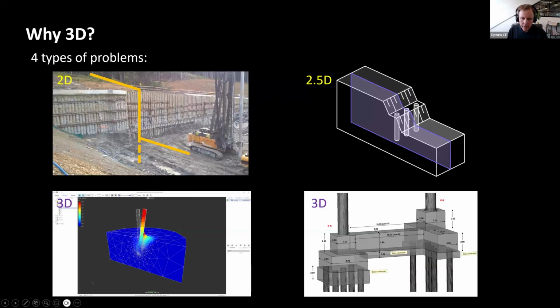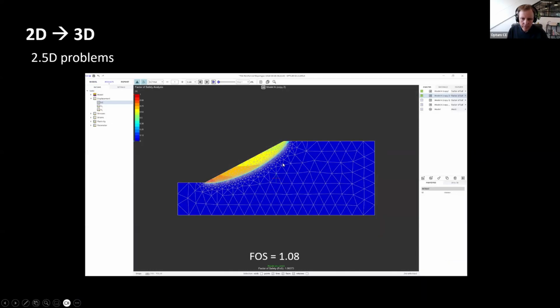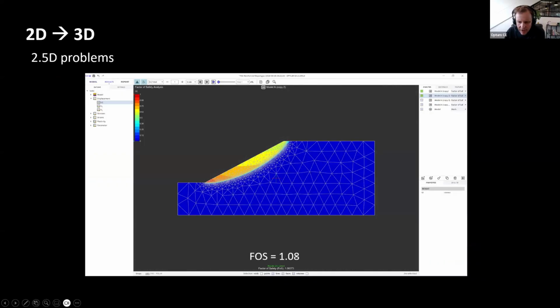Well, I'm just going to jump a little bit in my slides and show that. So that's this problem here, and the story is as follows. We have a slope here, c equals 5 kPa, phi is equal to 25, and we find a factor of safety of 1.08.